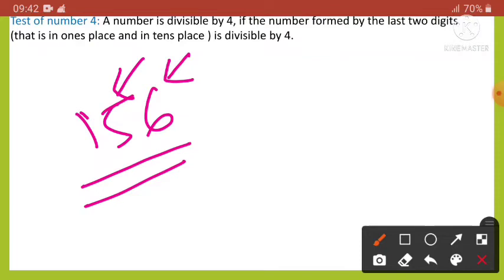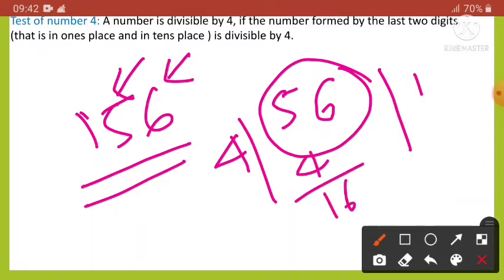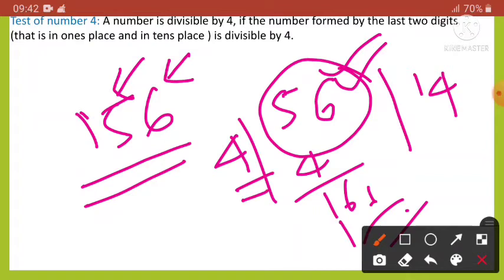So here the tens place is 5 and the ones place is 6. Now check if this number is divisible by 4 or not. If we divide it, we can say that 56 is exactly divisible by 4. Then we can say that 156 is divisible by 4.